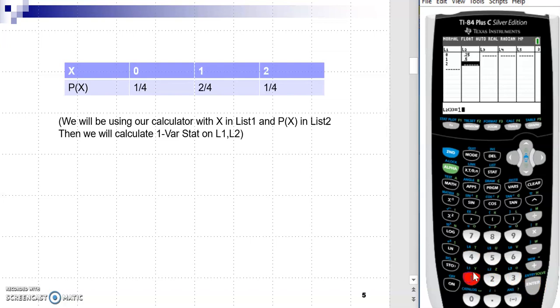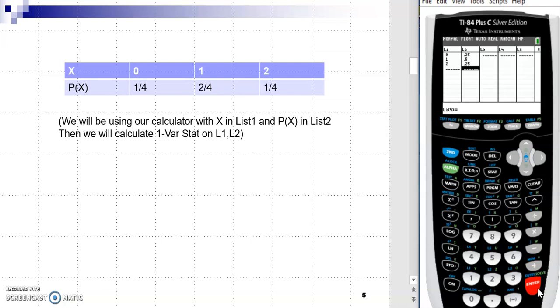And 1/4 again. Now in all probability distributions, that list 2, the probability should always add up to be 1. And each individual probability has got to be a number between 0 and 1. You know, probabilities can't be negative and they can't be greater than 1.